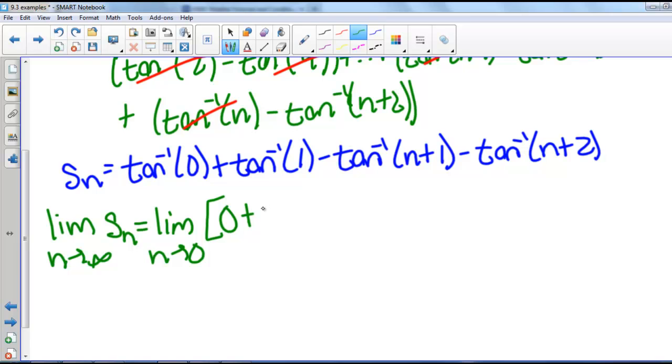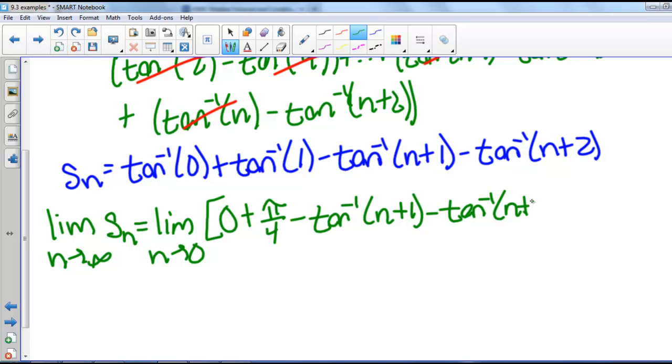Inverse tangent of 1 is pi over 4, minus inverse tangent of n plus 1 minus inverse tangent of n plus 2.